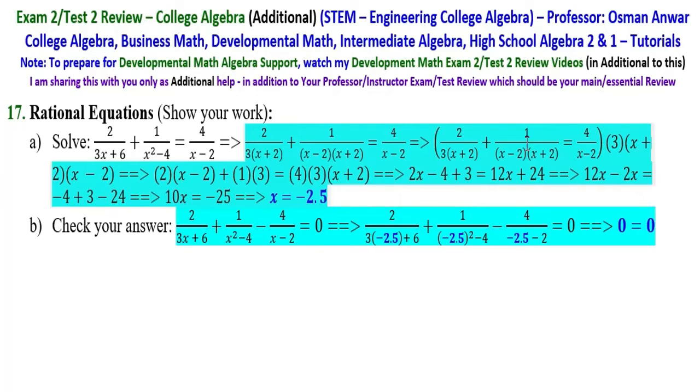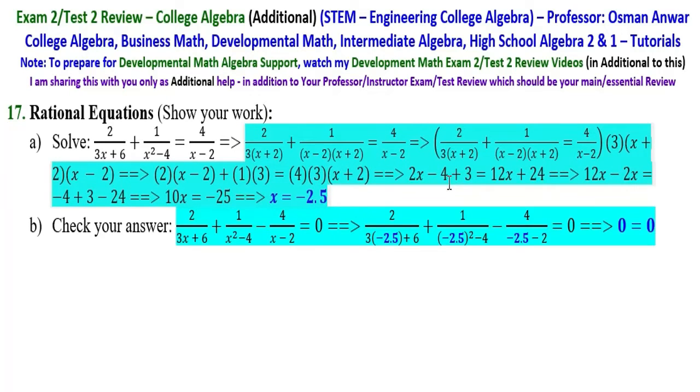Then here x minus 2 cancels x minus 2, then this is equal to 4 times 3 times x plus 2. So then this is 2x minus 4 plus 3 equals 12x plus 24.